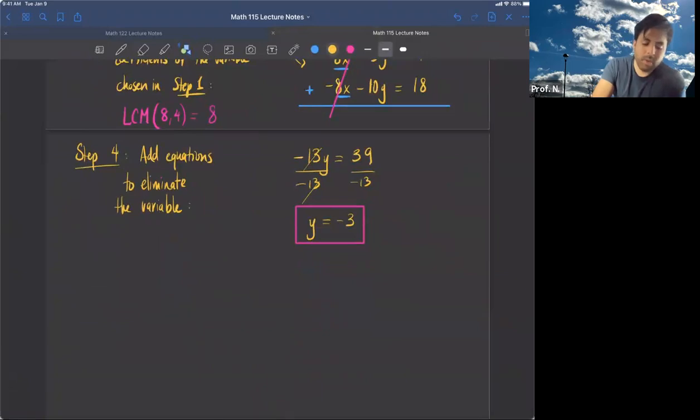So then step 5 would be solve for the variable. So add equations to eliminate variable and solve.